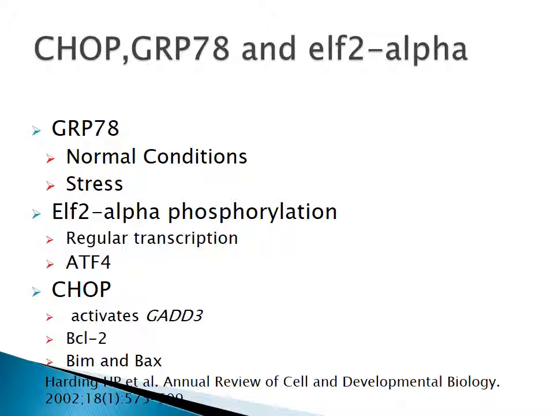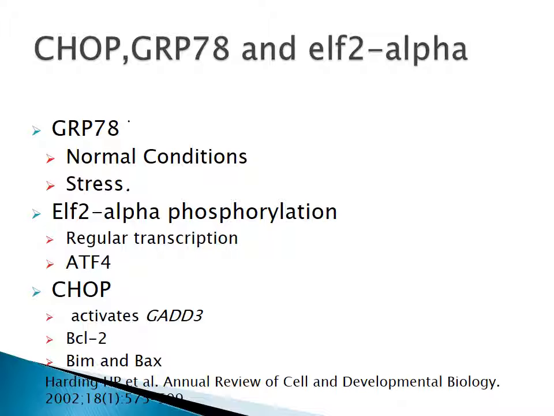And in this, let's just start with GRP78. Under normal conditions, GRP78 is bound to 3 known stress sensor proteins, and this renders them inactive. But under stress, GRP78 is titrated away from these proteins, leading to many autophosphorylation and homodimerization reactions.